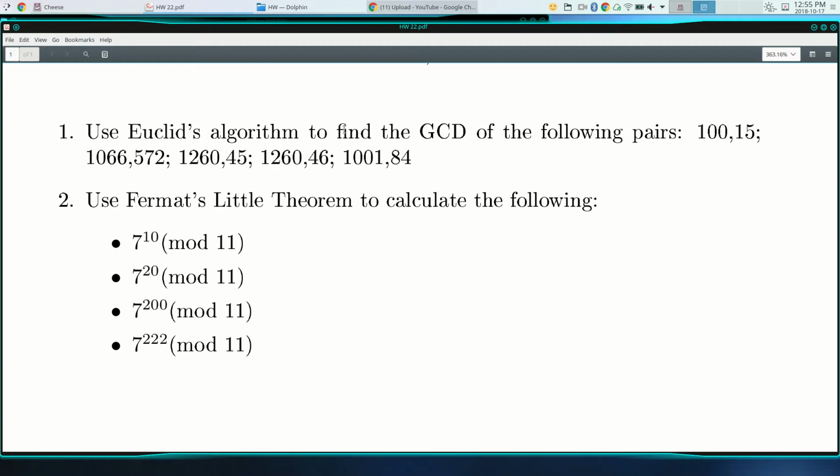There's 27. 18 is, yeah. Wait, this number goes there. We know that 7 to the 10, but they're not congruent to 1. You can't do that.